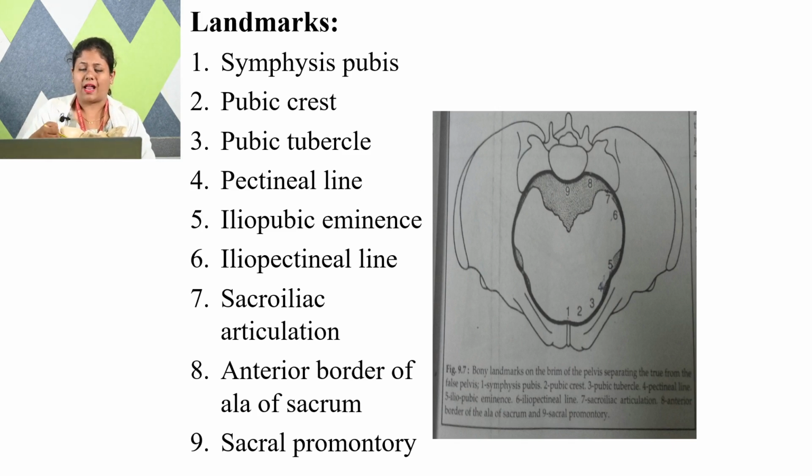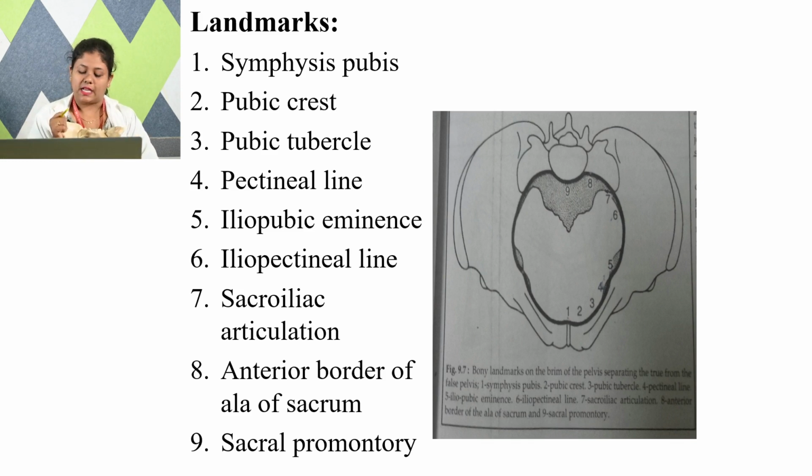These are the 9 landmarks which are very important whenever the woman is giving a normal birth. They show the contact of the baby's head with the pelvis, and from this we can also decide whether the pelvis is favorable for normal birth or not.